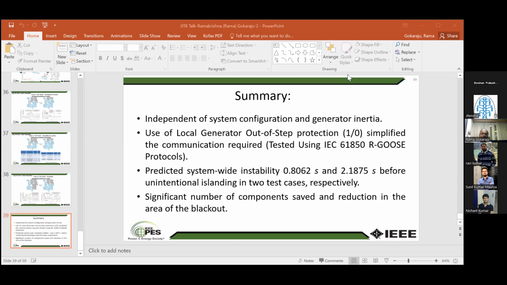Okay. Sir, but one coherent group of generators may act differently for different initial conditions, because it depends on the nature of the disturbance and also the initial condition. So for the same type of disturbance, if the initial conditions are different, then the coherent group may not be coherent again.